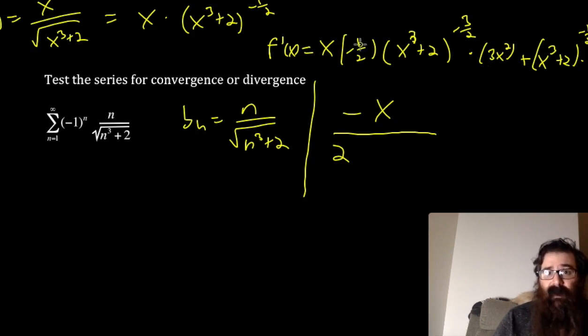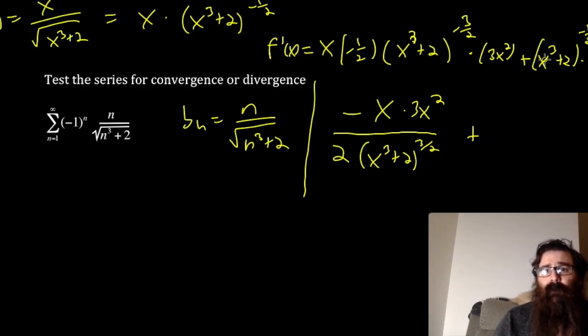So I have a negative x and then times a 3x squared on top. And then here in the bottom, I can take this x cubed plus 2 to the negative 3/2, and I can bring that down and make it x cubed plus 2 to the positive 3/2 power down there. And then plus, and I'll make this into a fraction as well, and that's going to be 1 over x cubed plus 2 to the 1/2.